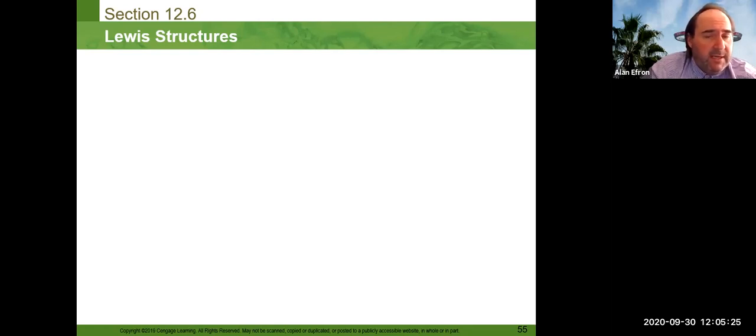The next most important thing is to count up the total number of valence electrons that you need to put in your picture. That number is really important because your picture has to have exactly that many electrons in it. Again, you need to adjust the count if something has a charge.